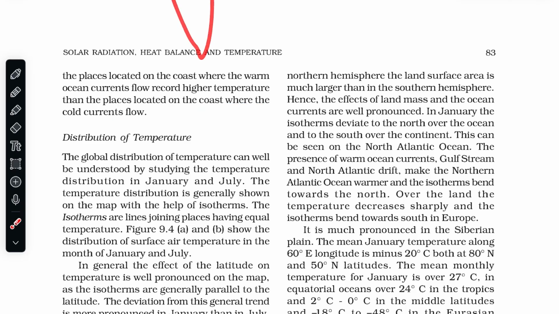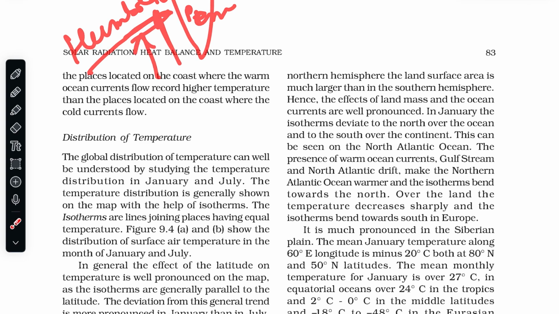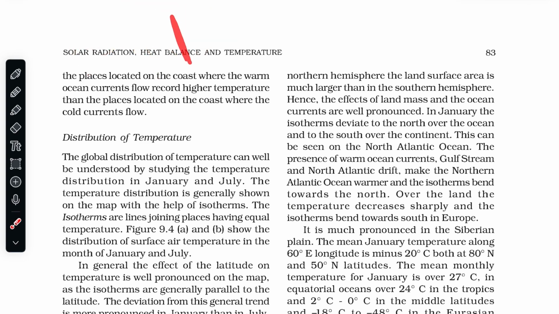So, let's assume this is the coast of Peru. Here there is the Humboldt current, and since this is a cold current, this area becomes a desert, which is the Atacama Desert.